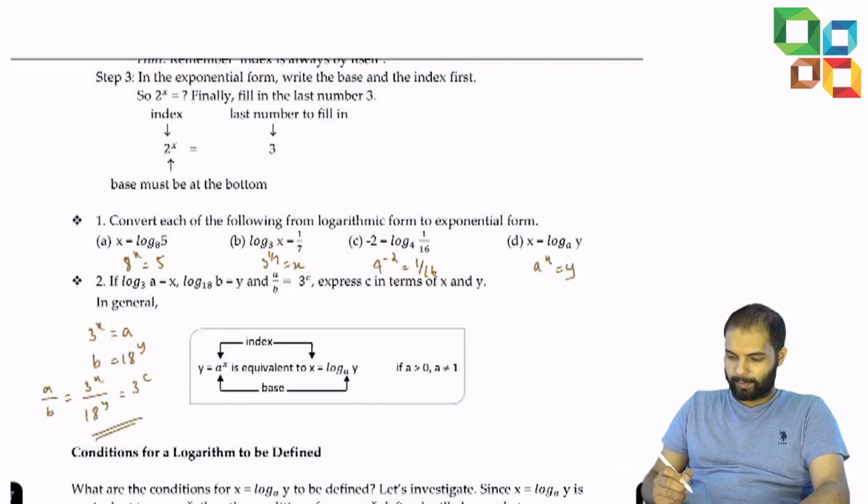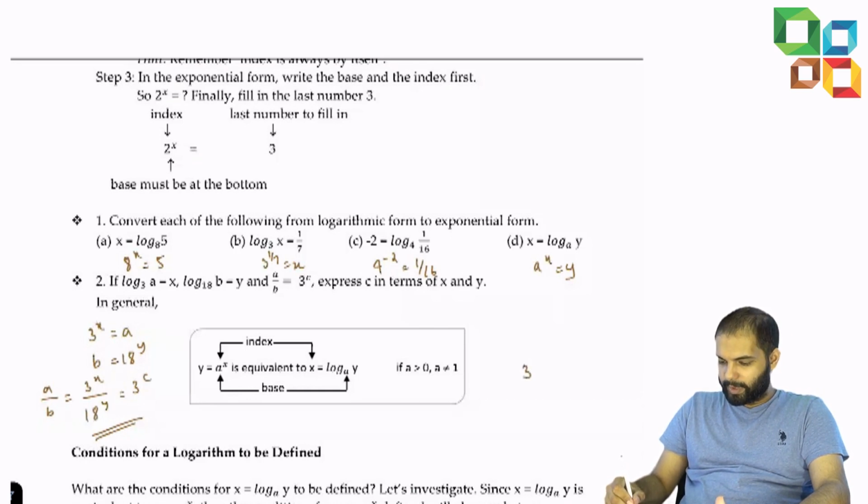Any idea? c equals log of 3 power x by 18 power y, base 3. Can we simplify that a bit? We have to write c in terms of x and y.